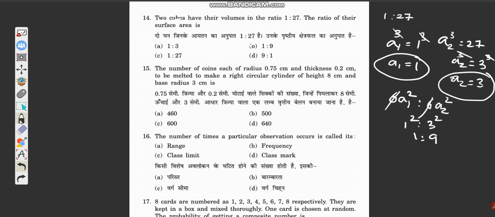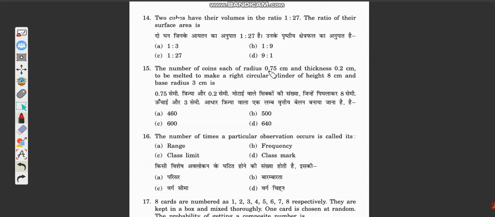So the correct option is option B. See here we are taking the order 1:27, so the answer should be 1:9. If we take 27:1, then the answer will be 9:1. We should take care of the order.